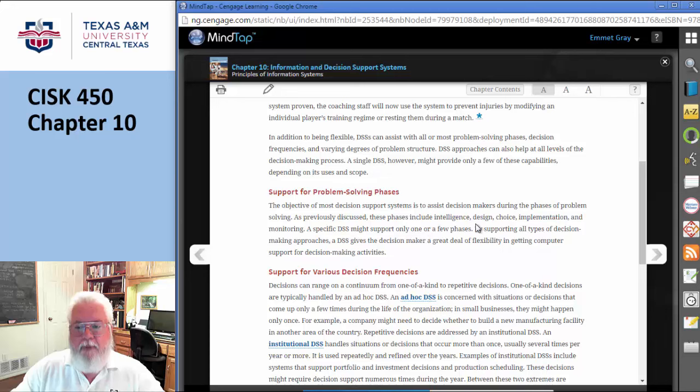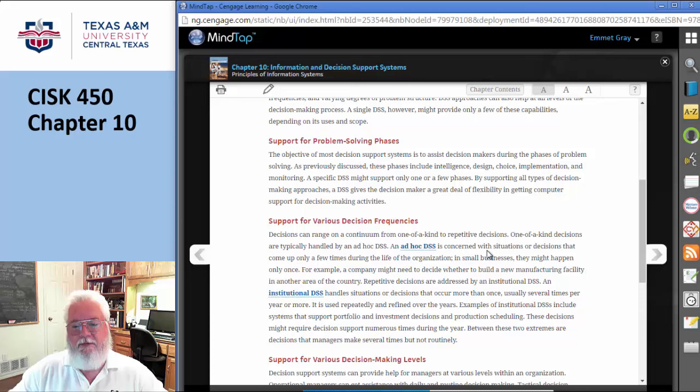So most of the time it can help because, once again, if you're off on a wild tangent because you think you know what the problem is, this could cause you. So the DSS can assist you in saying, look, the height of the shelves has got nothing to do with the problem. Step away from the computer and let me give you some suggestions. So that's good. It supports all these problem-solving phases.